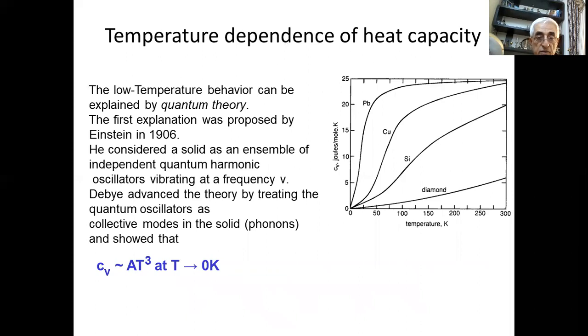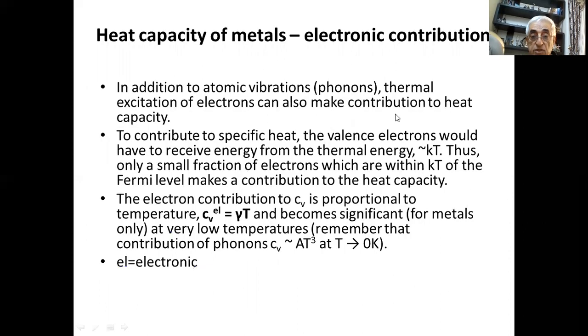Debye advanced the theory by treating the quantum oscillator as a collective mode in the solid called phonons, and he showed that CV is proportional to T cubed as T approaches 0 Kelvin. Here, a graph shows the heat capacity at constant volume versus temperature in Kelvin for various crystal elements: diamond, silicon, copper, and lead. It can be seen that all the graphs are almost similar.